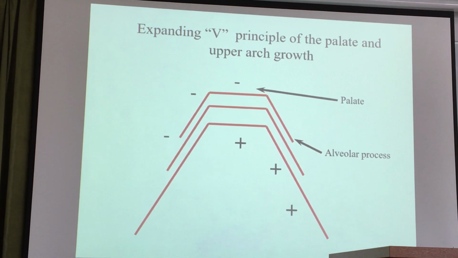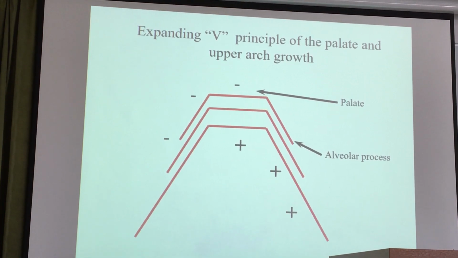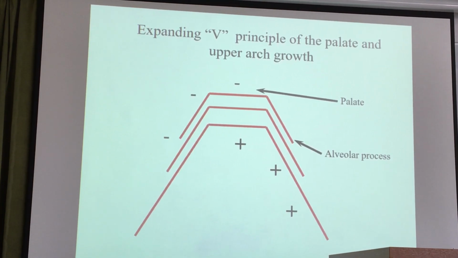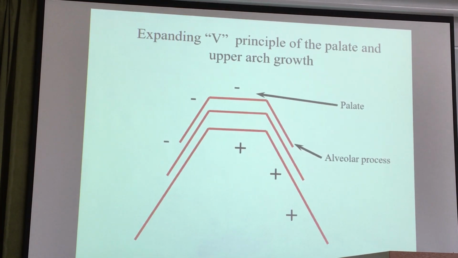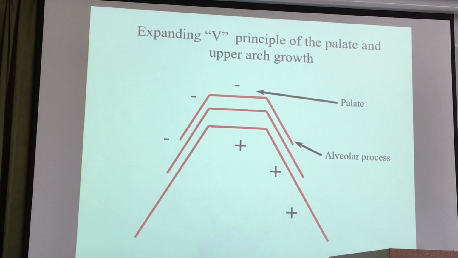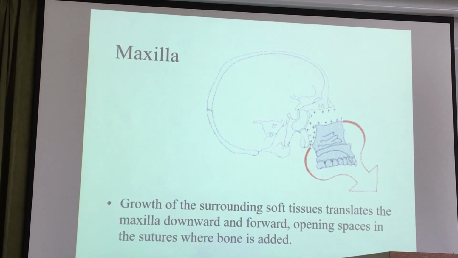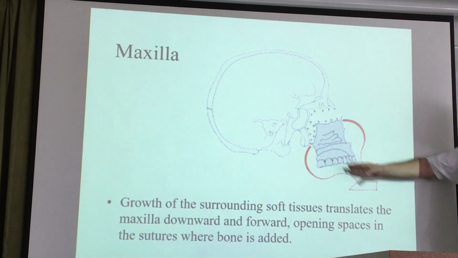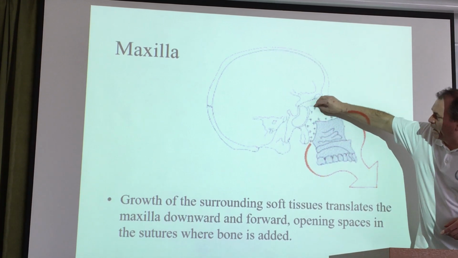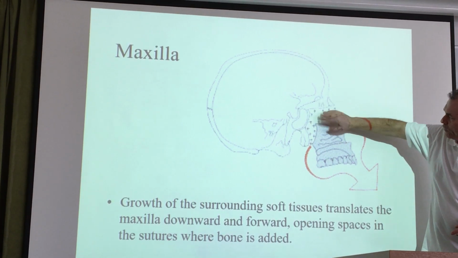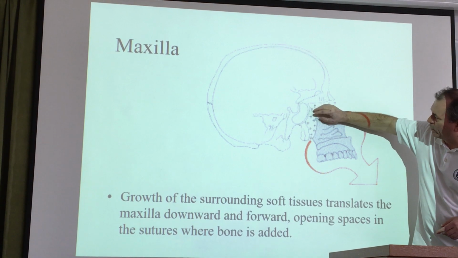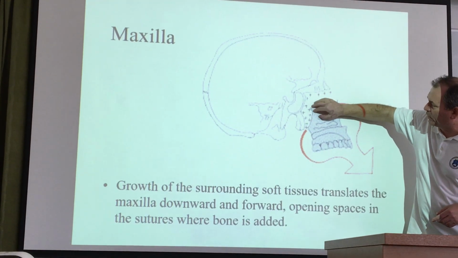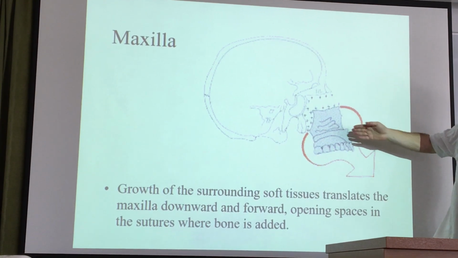This is the expanding V principle you can find in the growing of the upper maxilla, the upper jaw or the palate. And you can see the direction of the maxilla and the cranial sutures between the maxilla and the surrounding bone.